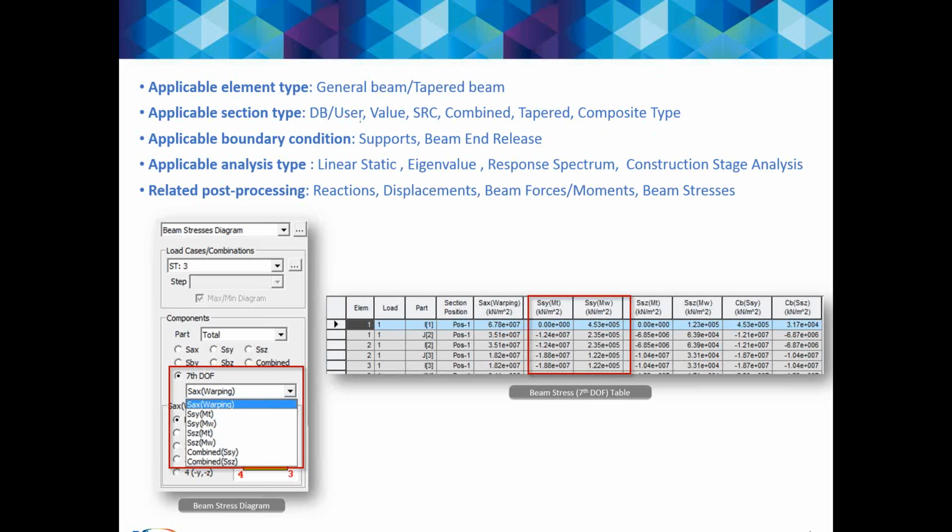Also the boundary conditions, as we checked, support and beam end release, and types of analysis: linear static, eigenvalue, response spectrum, and construction stage analysis. Related post-processing is, as we just checked, reactions, displacement, and beam forces, moments, and beam stresses, and all related tables as well.